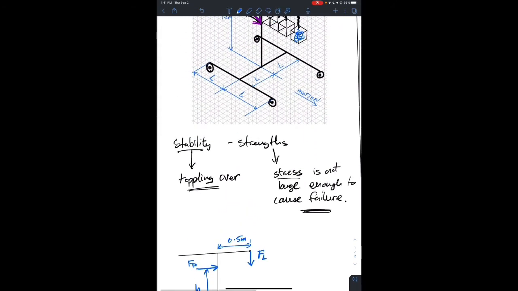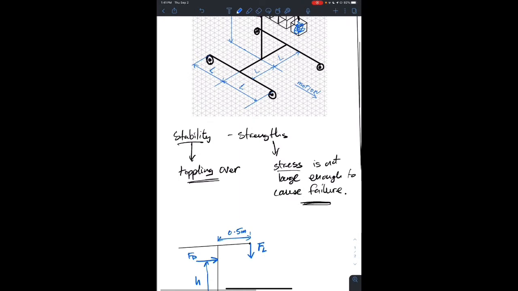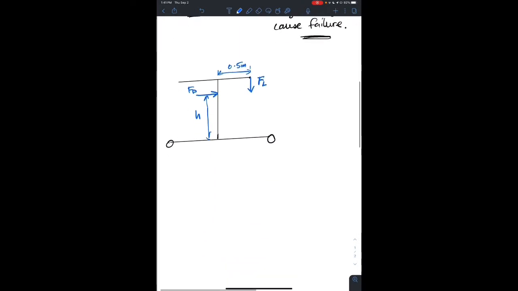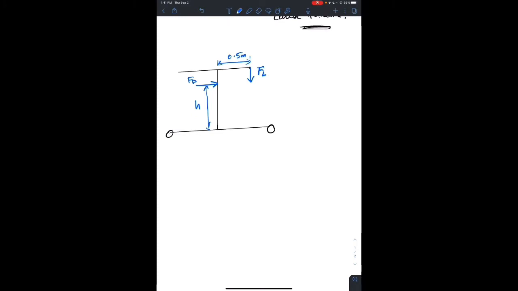The base we have here as L, because we don't know what the length is. If we push this forward and it tips over, more than likely it will tip over about this point here. So this will be a tipping point.